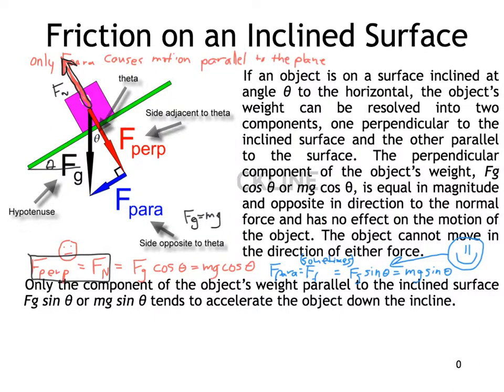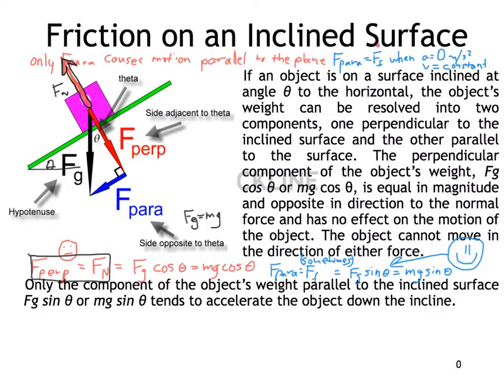Starting from there, F para is sometimes equal to Ff, and that Ff is frictional force. The only times when you can assume that F para is equal to frictional force is when you see some very specific language in the question. It says that F para is equal to the frictional force when one of two things is stated, either that the acceleration is 0 or that the velocity is constant.